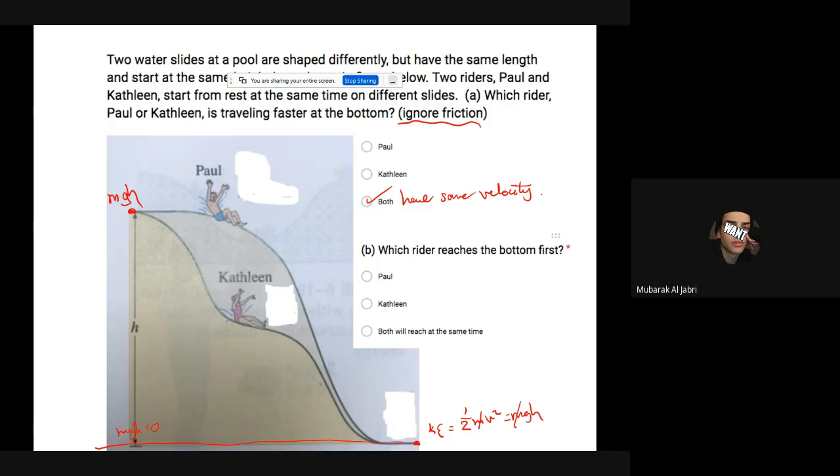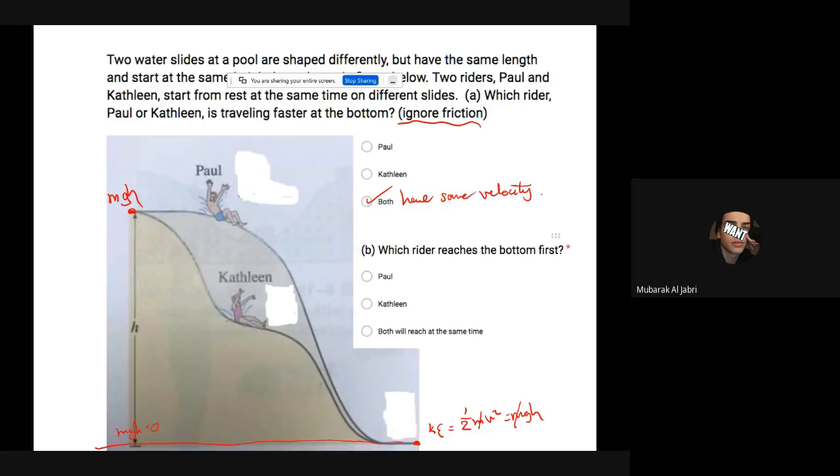Doctor, I choose Paul, and I was thinking that he's traveling a longer distance with an acceleration of 9.8. So if his velocity is increasing by 9.8 every second, he has more time, more distance. But they are going through the same vertical height, h.